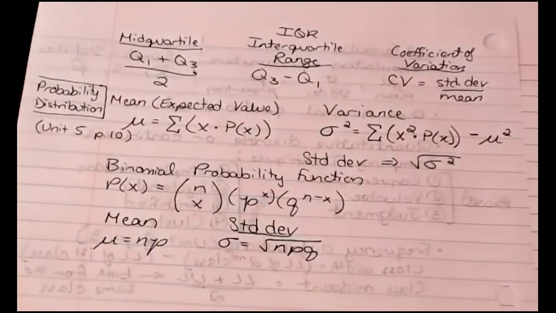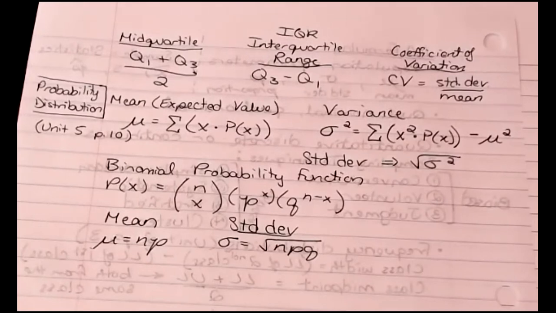That is how you calculate your mean, which is your expected value, and your standard deviation for a binomial distribution. I'm taking a sneak peek at the rest of this, and that concludes units 4 and 5. That looks good.